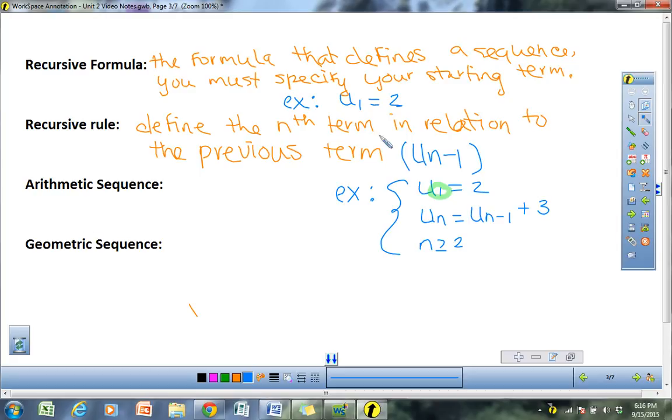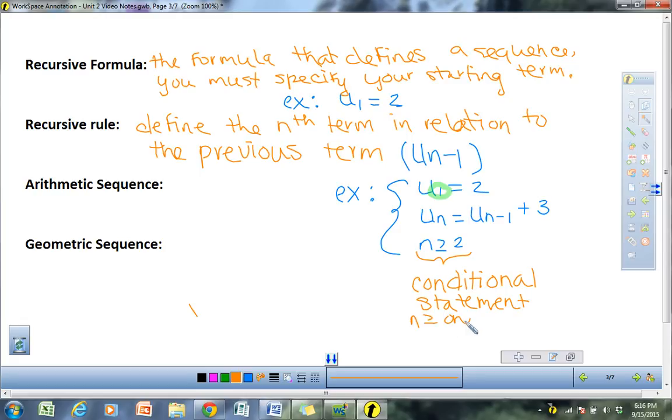For a recursive formula, you need 3 things: your starting value, your formula, and then your conditional statement. This conditional statement is going to be n is always greater than or equal to 1 more than your starting term.